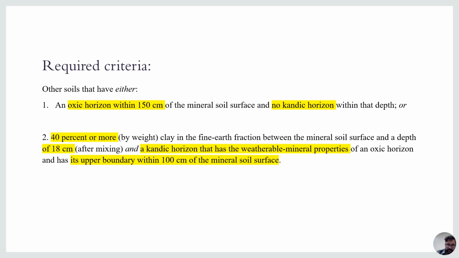The second option to identify an oxisol is that we have a soil with at least 40% of clay content in the first 18 centimeters, and I need to check a kandic horizon with the weathering mineral properties of an oxic horizon. So I should present a kandic horizon in which, for example, the sand fraction is composed essentially of quartz.